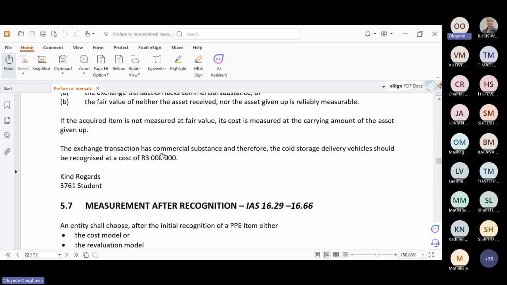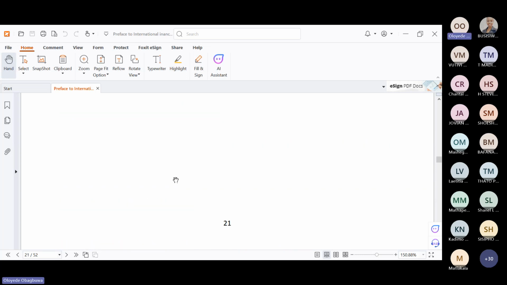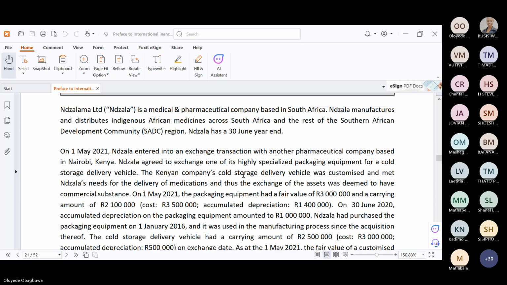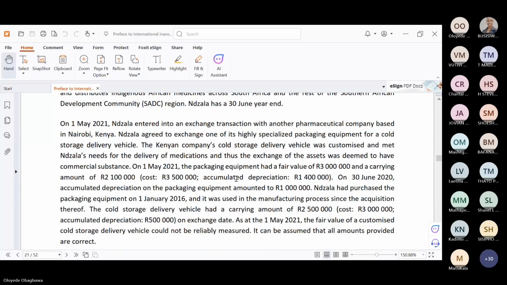So the exchange transaction has commercial substance, and therefore the cold delivery vehicle should be recognized at the cost of 3 million, which is the fair value of the packaging equipment.